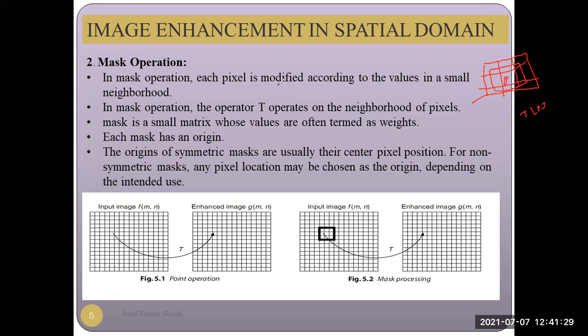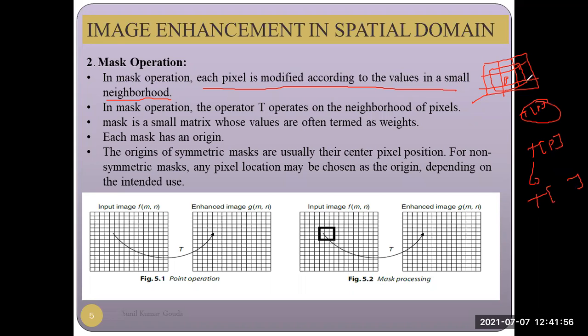This is called mask operation. Each pixel is modified according to the values in a small neighborhood, which is called the mask. So in a mask operation, the operator T operates on neighborhood pixels. That means T is not only going to perform on this particular pixel, it is going to perform on its neighborhood pixels.